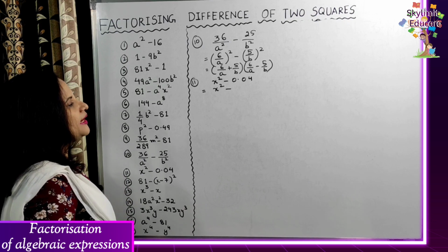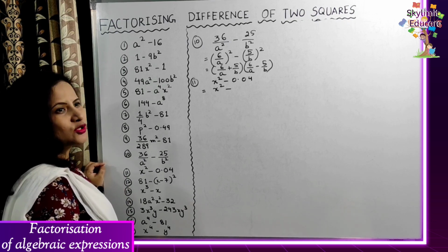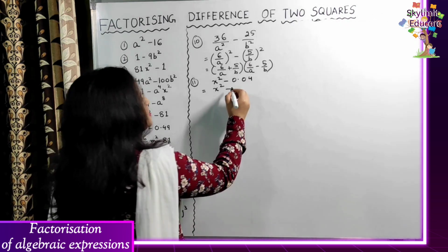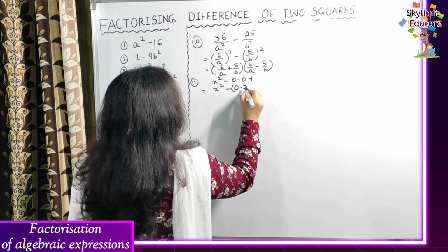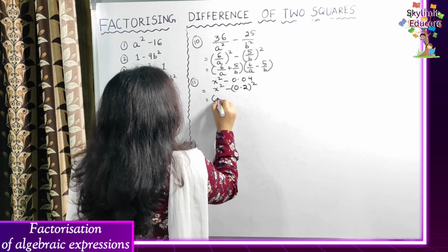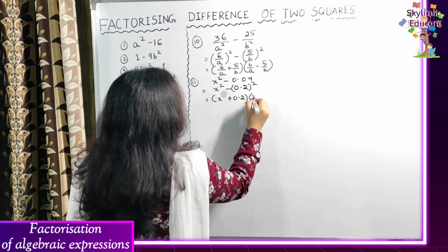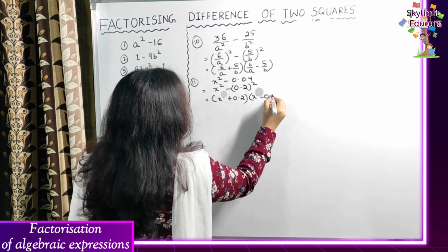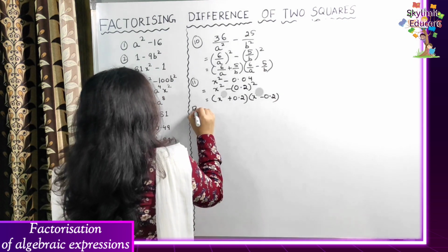So what is the square root of 0.04? It's 0.2, right? So 0.2 whole square. So now x plus 0.2, this is the answer. Question number 12.